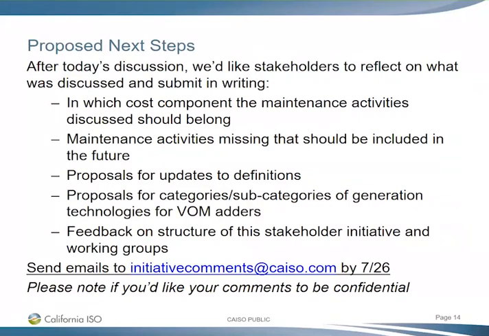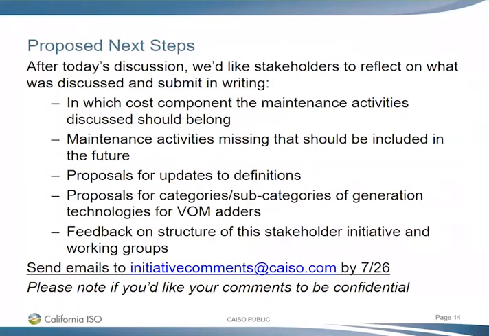And how do we level set, given we might get some confidential numbers that we would need to consider in our default value? I think we would consider the gamut of comments that we get across all the stakeholders to figure out what is common across all of them and what needs to be considered. If it's a specific cost to a specific generator, that's something we wouldn't include in our default value.